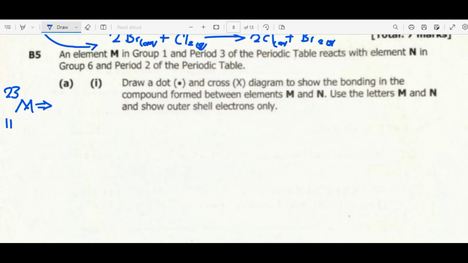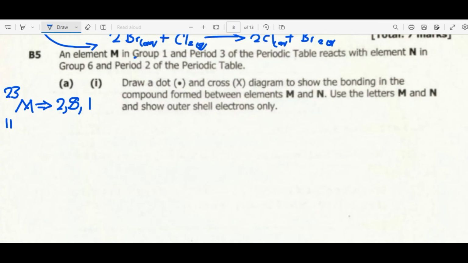According to electron configuration, the first shell will occupy 2 electrons. If we subtract 2 from 11, we have 9. The second shell will have 8. The outermost shell will have 1 electron, and the number of electrons in the outermost shell determines the group in which an element is found.